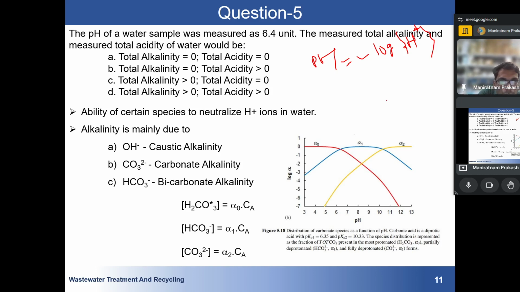As pH is 6.4, the H plus concentration will be 10 to the power minus 6.4.